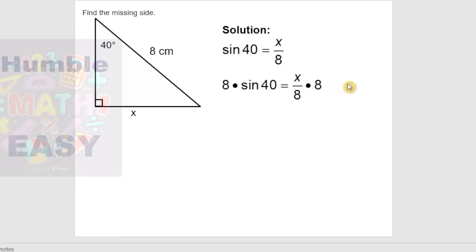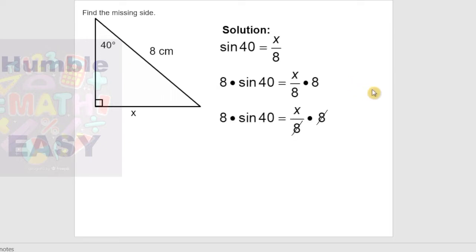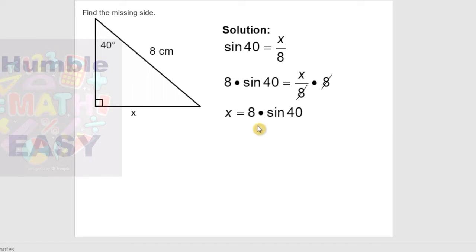That is how we deal with it. To solve for x, we cancel the 8 in x over 8, so we have x, because in the multiplicative identity it is equivalent to 1. Then we have x is equal to 8 times sine 40.